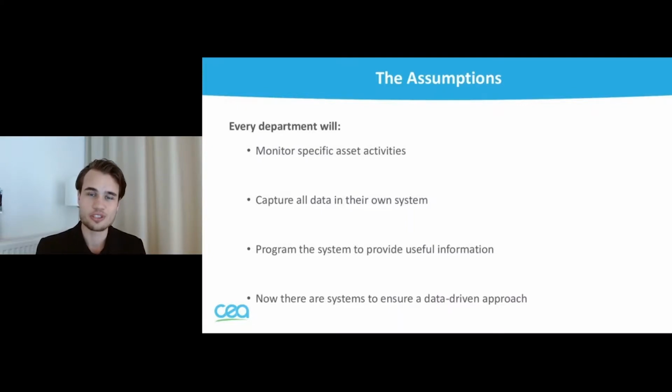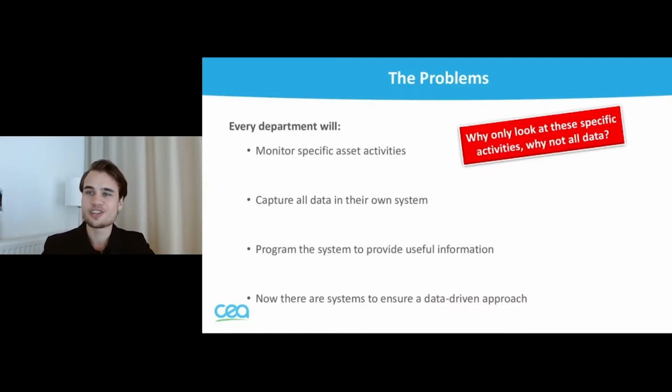They're trying to capture the data from all those asset activities in their own system. They are going to use that system to provide them with powerful tools and powerful insights. And then they feel like, all right, we've made two steps forward. I think we're there. I think we're truly data-driven now. And I'm not here to say that taking those steps is wrong. I'm just saying, you're not there yet.